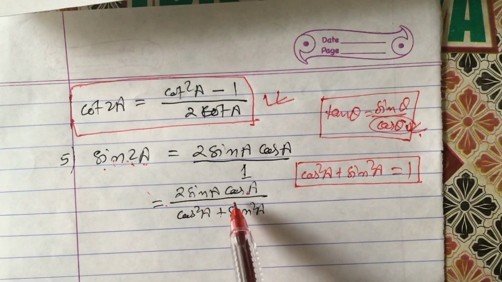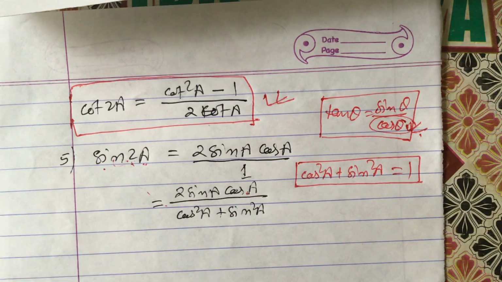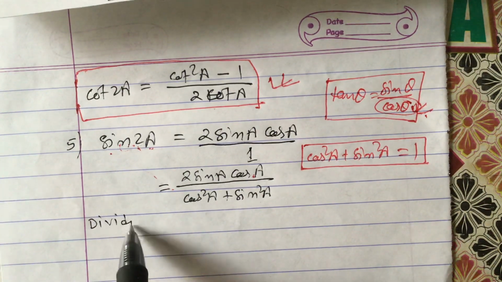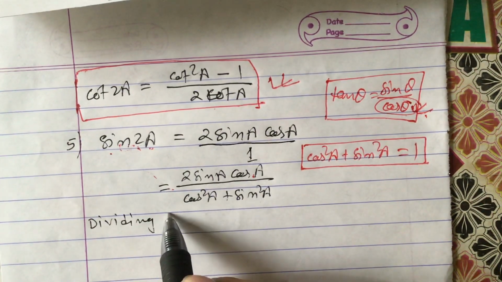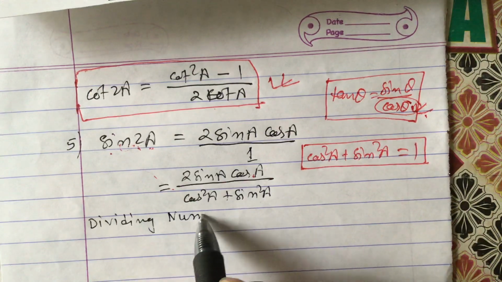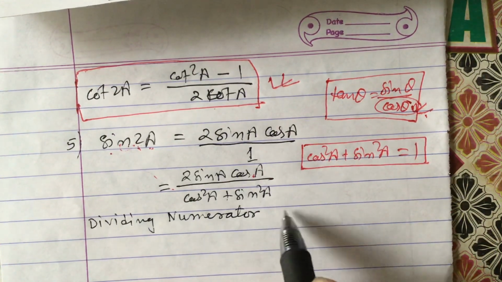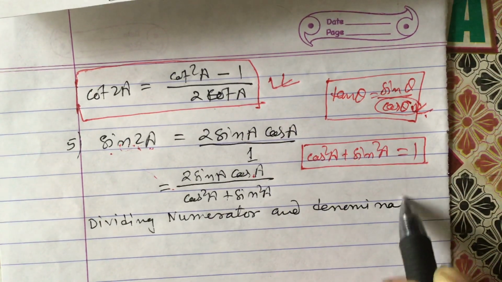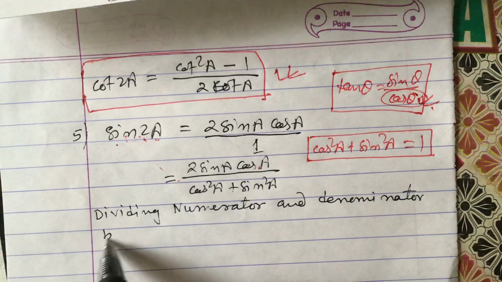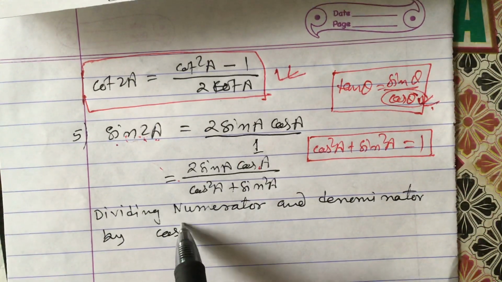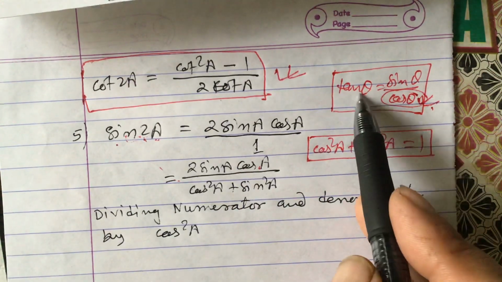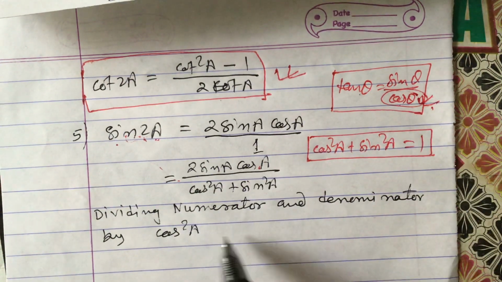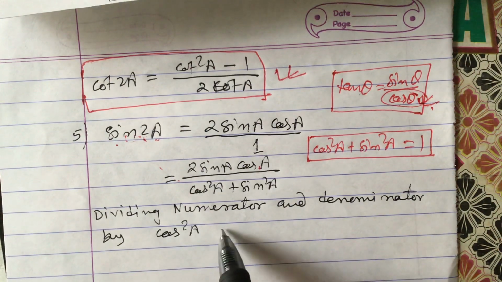So we have to divide both numerator and denominator by cos square A. So write down here, dividing numerator and denominator by cos square A. Why cos? Because tan is sin by cos. In the denominator we need cos. That's why we are dividing by cos square A.